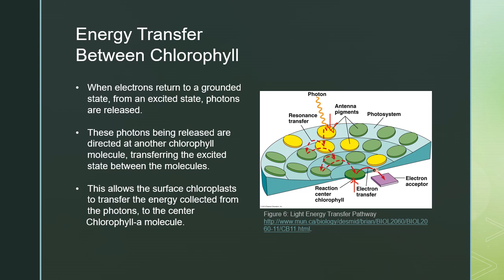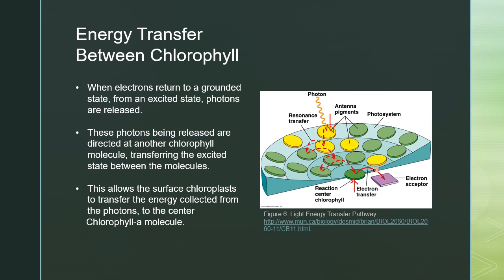As shown in the diagram, chlorophyll molecules are closely packed together, and this allows them to easily transfer energy from one molecule to another. Since electrons release photons when they return to their grounded state, these photons can be absorbed by the electrons of neighboring chlorophyll molecules, and using this method, the photon energy can hop between the many chlorophyll B molecules and reach the center chlorophyll A molecule.